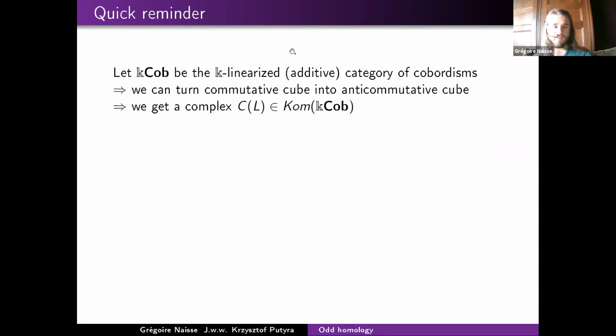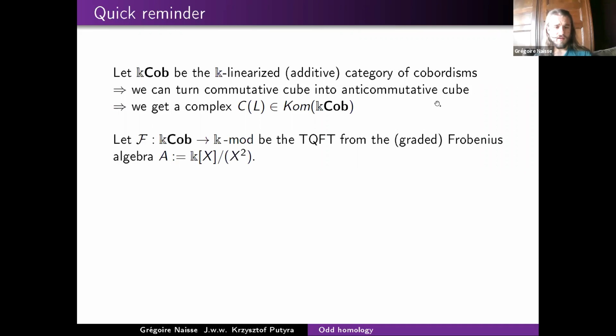But of course, here there is no chance that this complex is a link invariant, even up to homotopy type or something. So you need an extra ingredient. And this extra ingredient should send, in order to match with the state sum formula that I gave you before, a circle to some 2-dimensional vector space. So what we do is apply some TQFT given by the Frobenius algebra k[x]/(x squared).